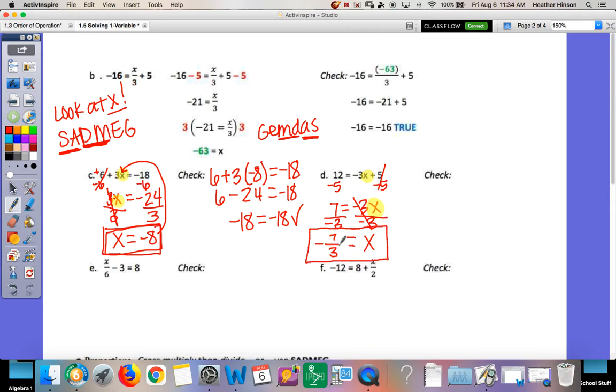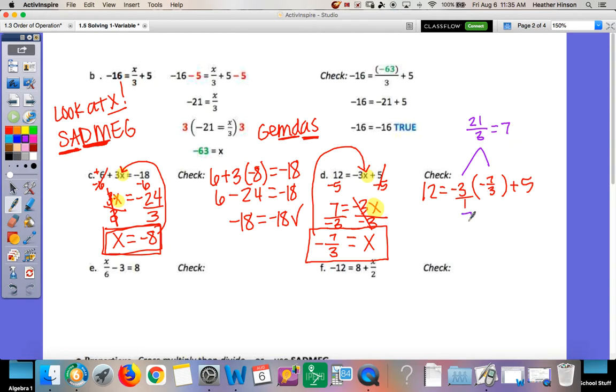And let's check it, because 703 is a very weird answer, so we definitely need to check it. So 12 equals negative 3 times negative 7 over 3, plus 5. To multiply this out, you can just put this over 1. So negative 3 times negative 7 is positive 21. 1 times 3 is 3. 21 over 3 is 7.